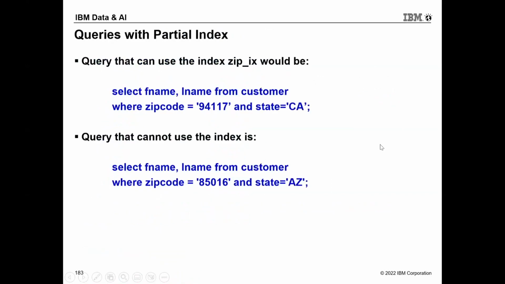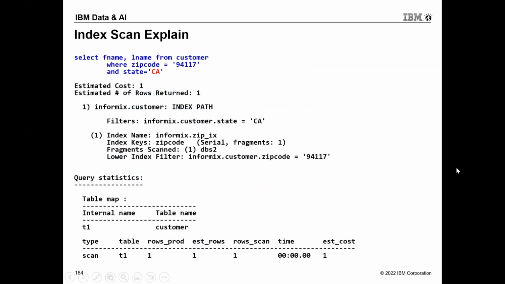Queries with partial indexes: a query that can use index zip IX would be shown at the top, and one that can't use an index is shown at the bottom, based on the previous example. Index scan explain.